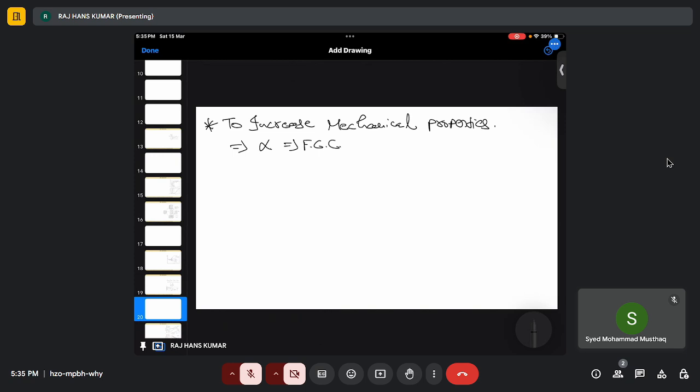So dislocations move in the slip system. For example, for FCC, the dislocation motion will be along the close-packed plane. The close-packed plane is 111, and the direction is 110.